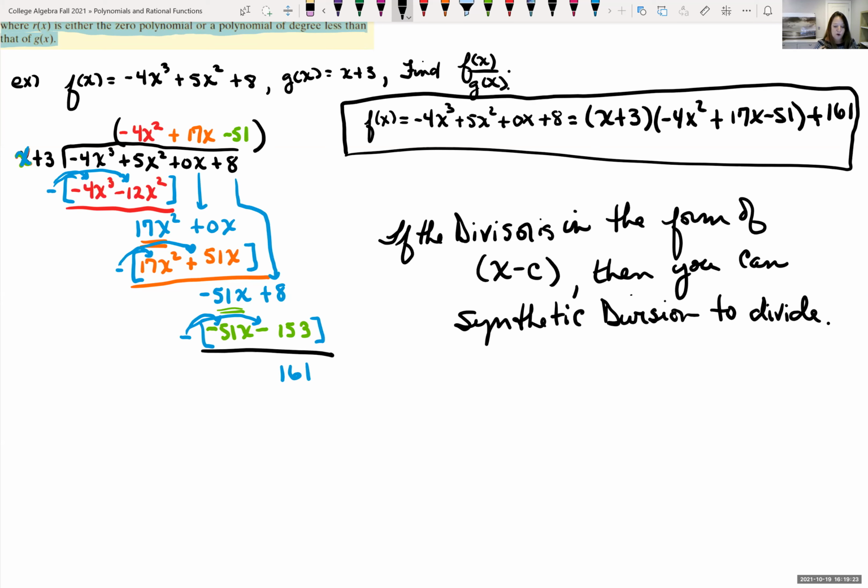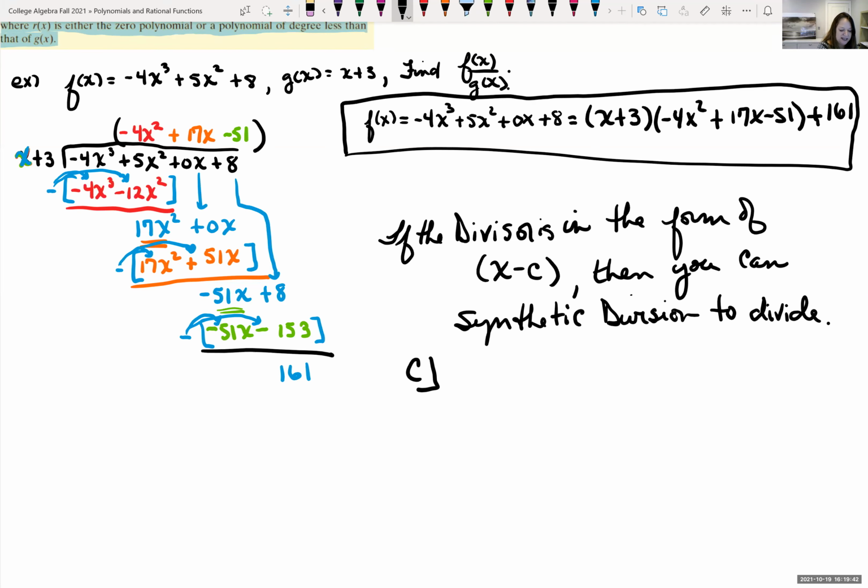So normally we're checking to see if something x minus c is a factor of our polynomial. And so instead of using the long division like I just did, we're going to be using synthetic division.